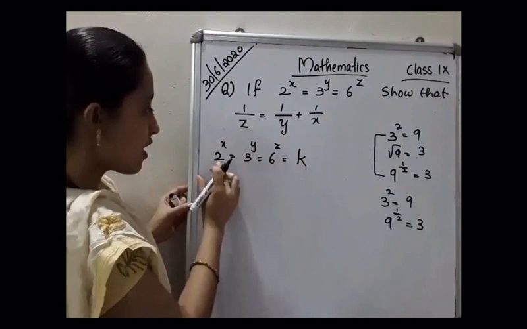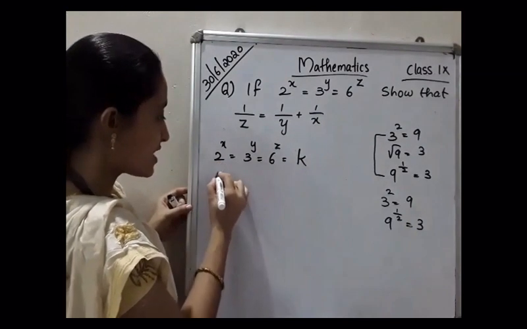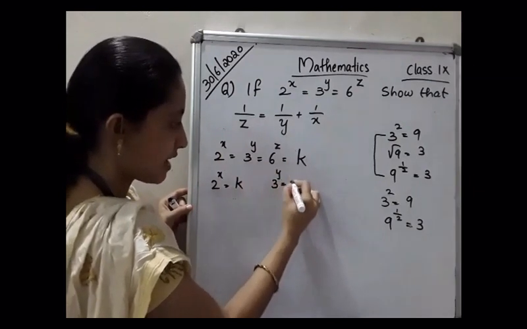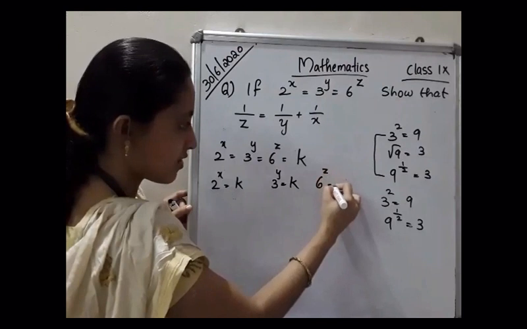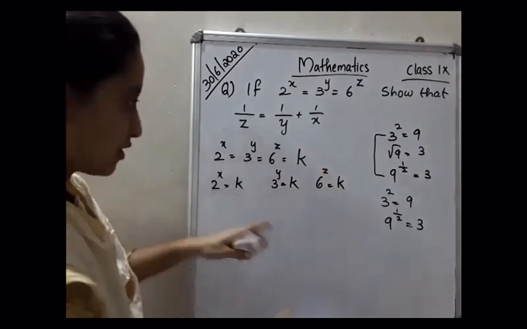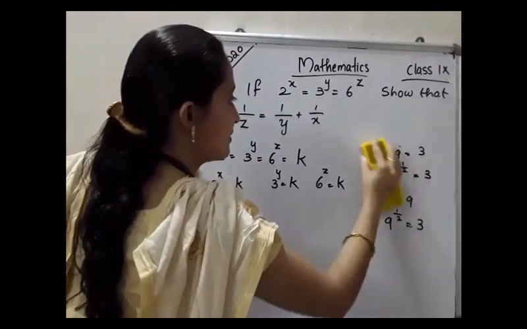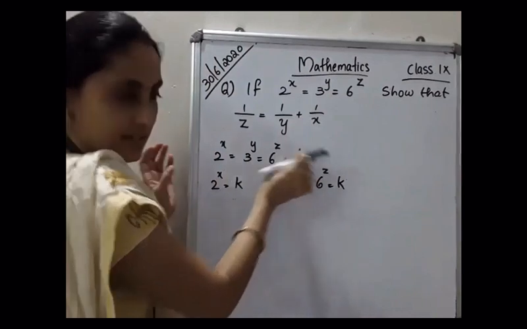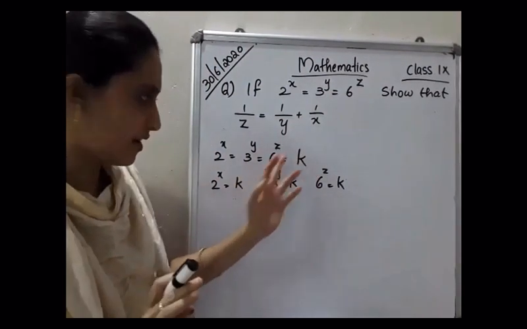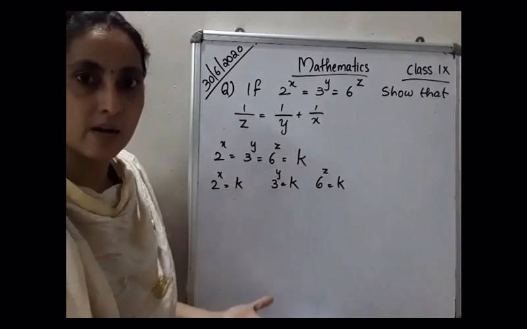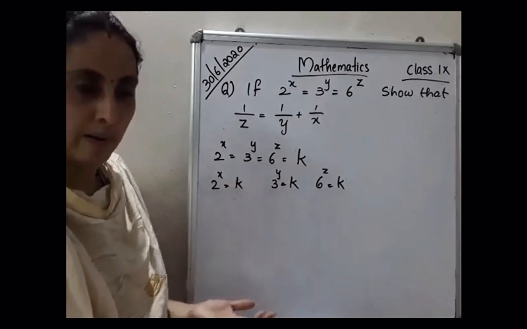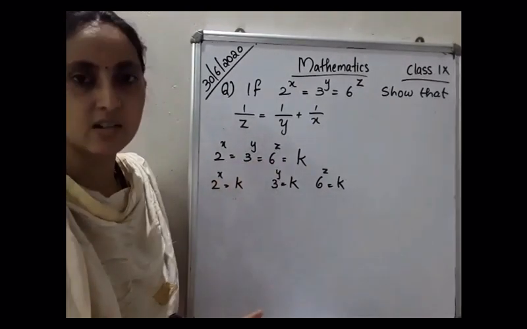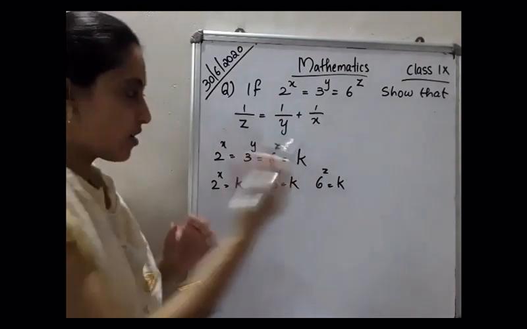So we can write 2 raised to x is equal to k, 3 raised to y is equal to k, and 6 raised to z is equal to k. You don't even have to write k; you can write any variable. Because we have already taken x, y and z, I choose another constant. You can write c, no problem, any constant.